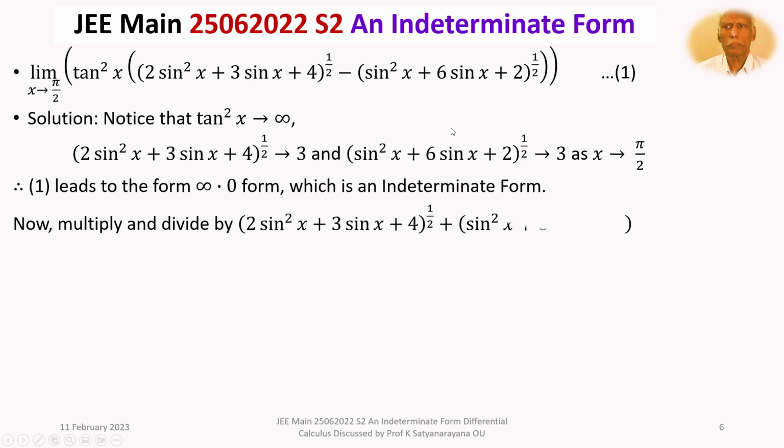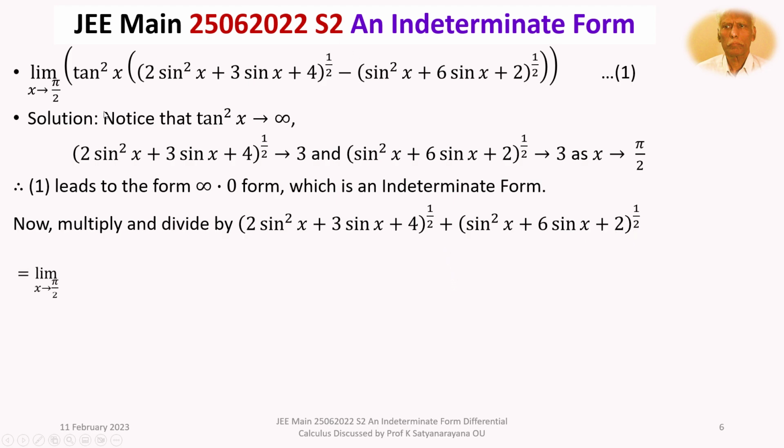To evaluate this limit, what we do is multiply and divide by this expression with a plus sign, that is (2 sin square x plus 3 sin x plus 4) whole to the power of 1 by 2 plus (sin square x plus 6 sin x plus 2) whole to the power of 1 by 2.